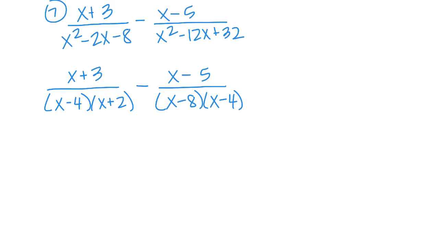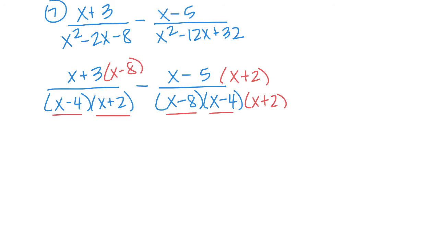So if I multiply -8 and -4, I get positive 32. If I add them, I get -12. Okay, they both have x minus 4. So I'm looking at the denominators, the bottoms, and I want to see what they already have in common. They already have x minus 4 and x minus 4, but this one has an x plus 2. So the other one needs an x plus 2. Whatever you multiply to the bottom, you have to multiply to the top. And then this has an x minus 8. That means this one needs an x minus 8.